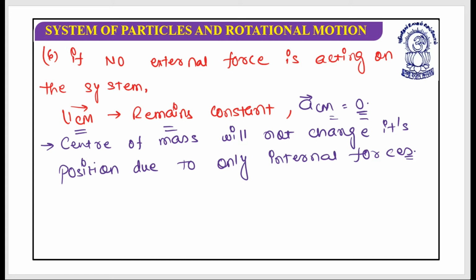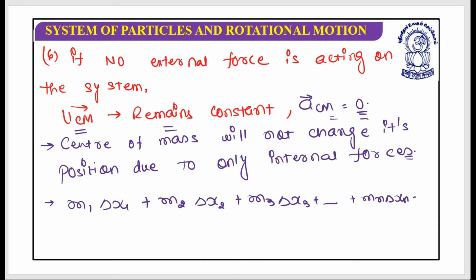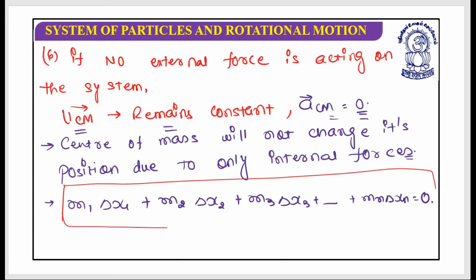And if this is the case, that means you can write like this: it's m1 x1, or I should rather say m1 delta x1 plus m2 delta x2 plus m3 delta x3 up to mn delta xn equals 0. This is the formula that we are looking for.